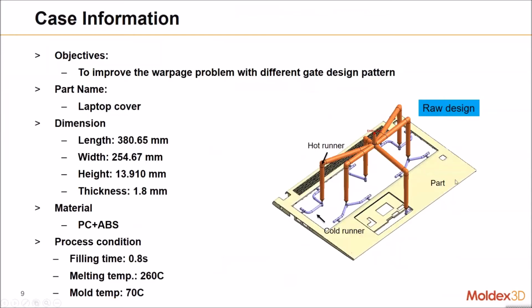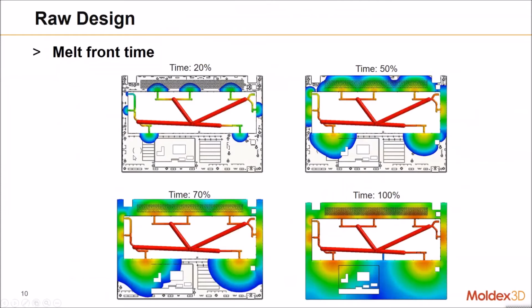and the part. Okay, so this is the first result from our simulation, and this is the melt front time, at the 20% time stage, at the 50%, at the 70%, at 100%.